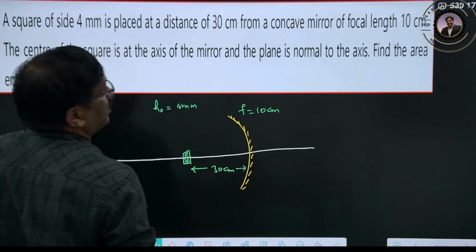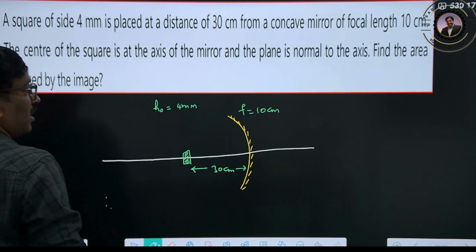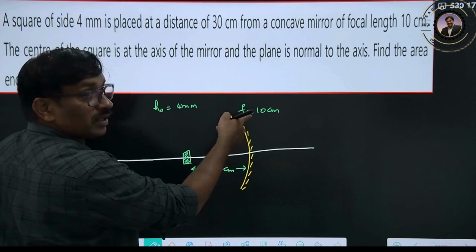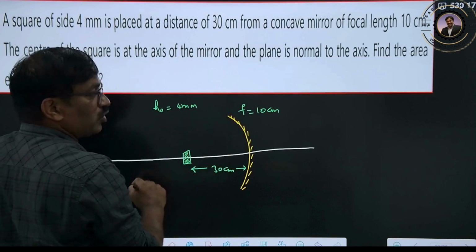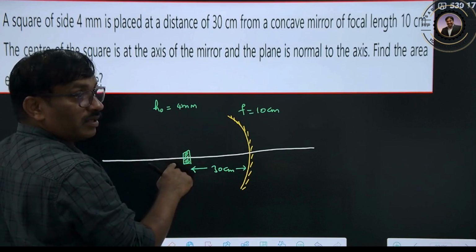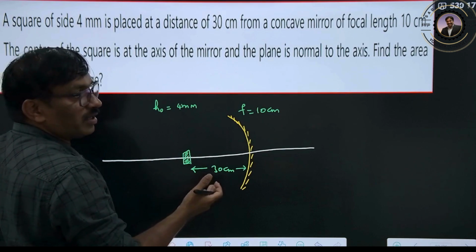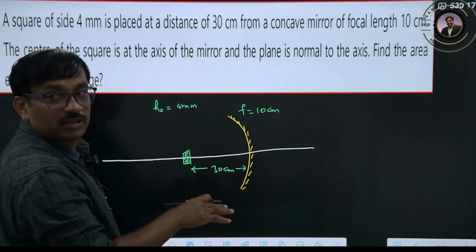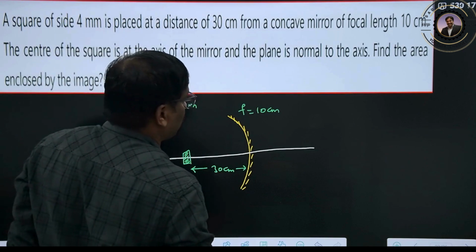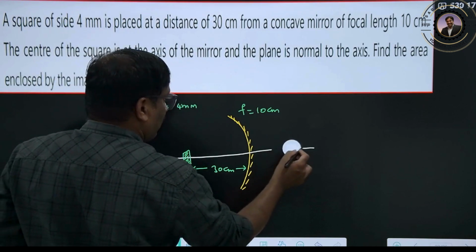So 30 centimeter means, with focus at 10 centimeter, the center of curvature is at 20 centimeter, so the object is beyond C. Beyond C means the image will be smaller. Therefore, the height of the image will be smaller, and the area of the image will also be smaller. Clear? Like this you should get clarity.